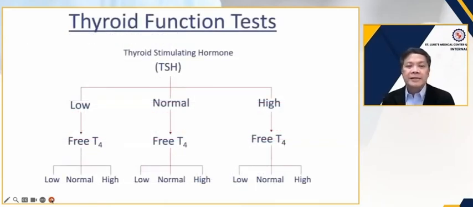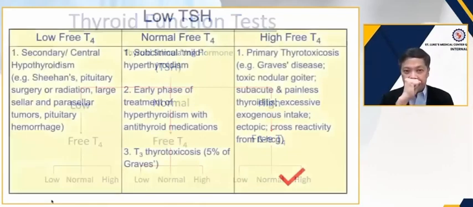Once you request TSH, being the best screening test, you then proceed to do FT4. Then there are 9 possible combinations: low, normal, or high TSH, with the combination of low, normal, or high FT4. So let's talk about how to interpret them.